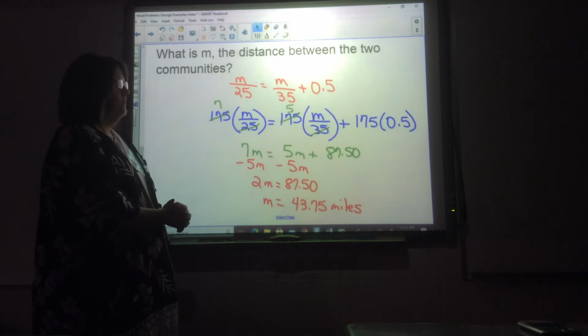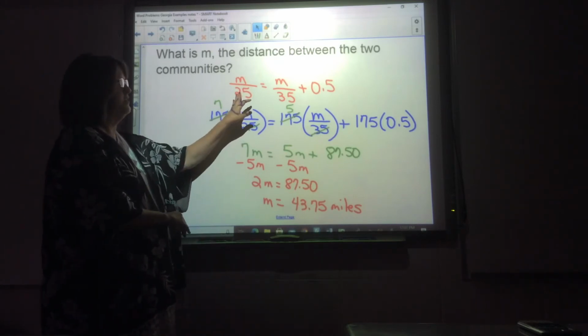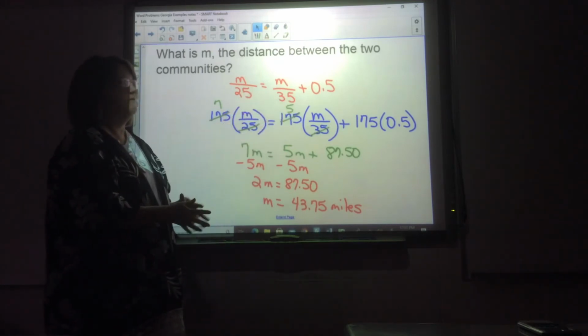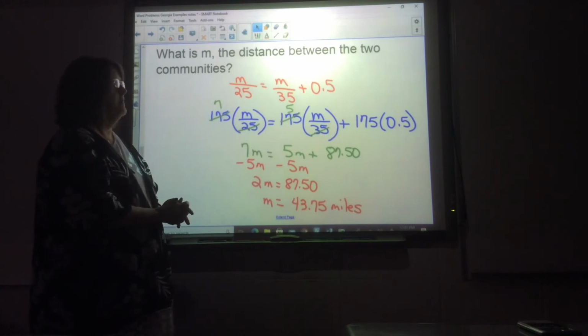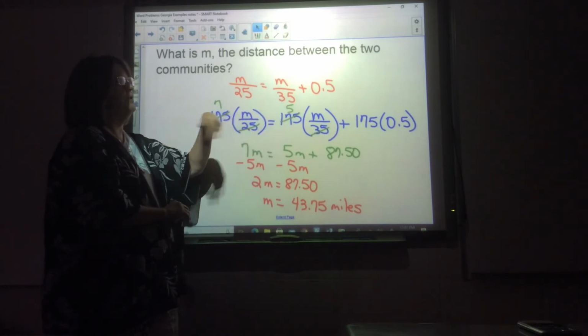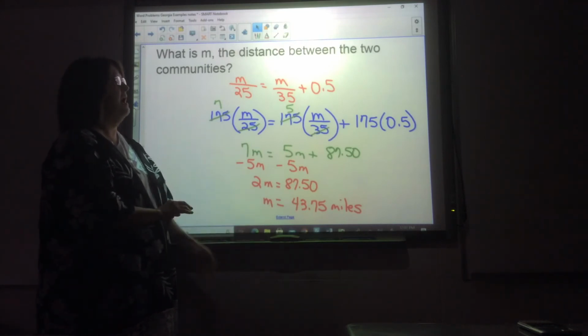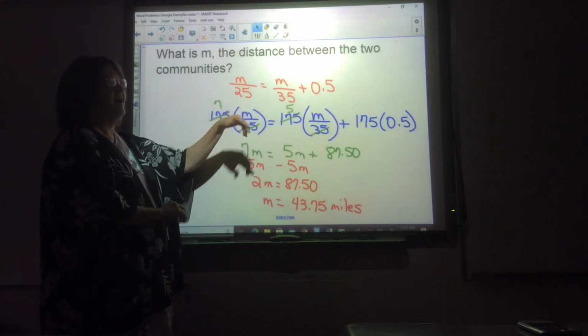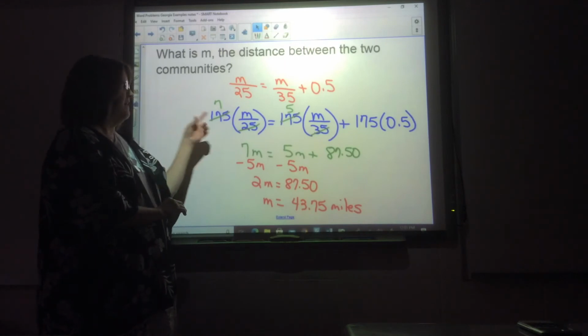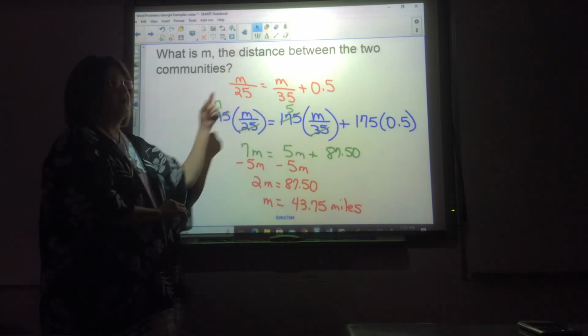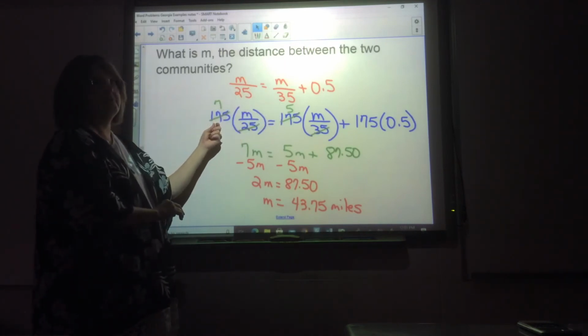But the common denominator between 25 and 35 is 175. I took 35 and multiplied it by 3, and then by 4, and then by 5, looking for a number that 25 went into evenly. And I finally found it when I multiplied 35 by 5. So 175 is our common denominator.